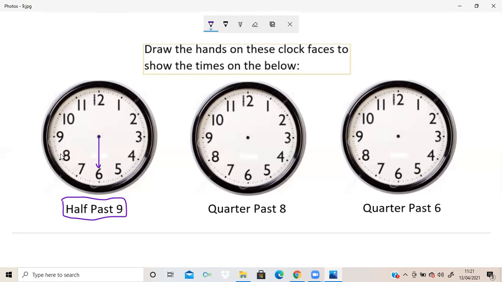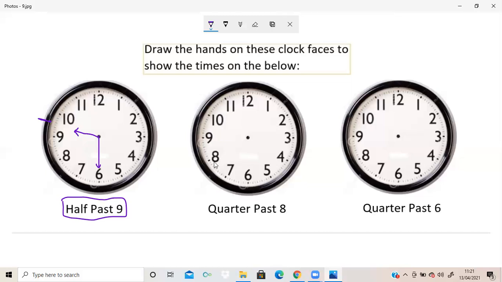And it is 9 o'clock, so that means the hour hand is between 9 and 10. The hour hand should be pointing here, at this point. So this is the way to draw the hour hand and minute hand for 9:30.